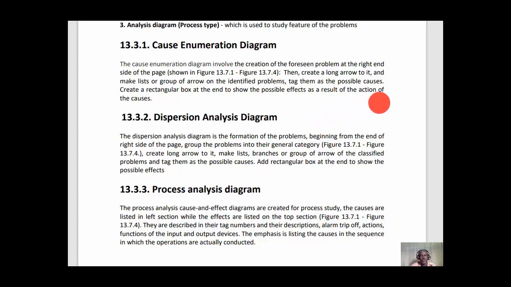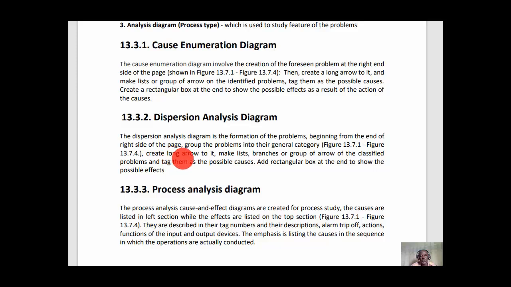Tag them as the possible causes. Create a rectangular box at the end to show the possible effect as a result of the action of the causes.